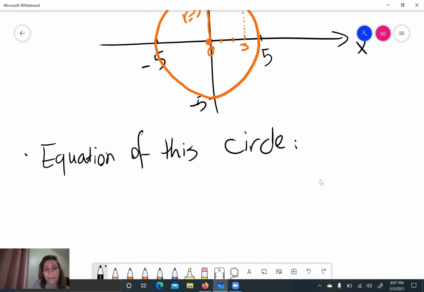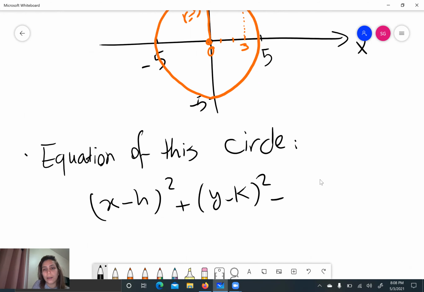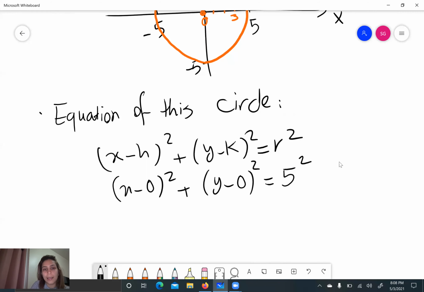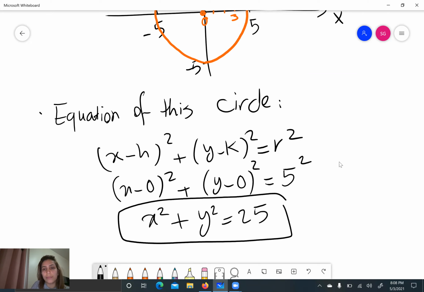It's (x − h)² + (y − k)² = r². In this case, the center is the origin, so it's going to be (x − 0)² + (y − 0)², and the radius is 5, so 5². So it's going to be x² + y² = 25. That's the equation of this circle.